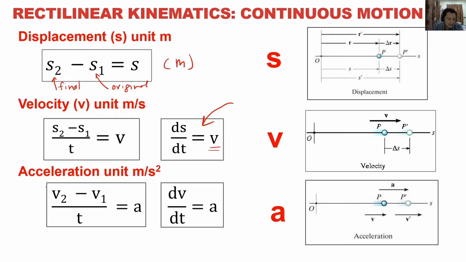And next will be acceleration. When you find the final velocity minus the original velocity, you find the acceleration. In terms of the derivative, it is dv over dt. So these are certain depictions of particles moving.